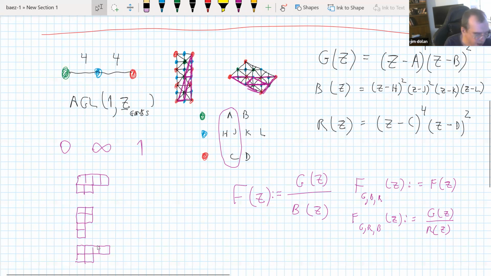I have no idea why the blue one is sideways, but it is. So this is green. Sorry, I'm having my own color blindness problems here. The first one was supposed to be green; I was trying to draw green there.